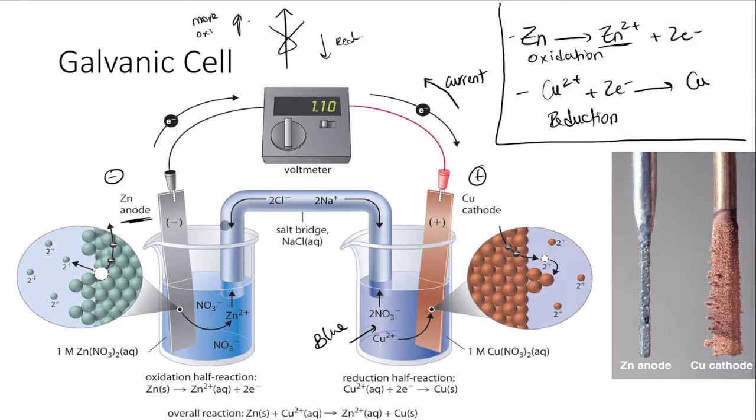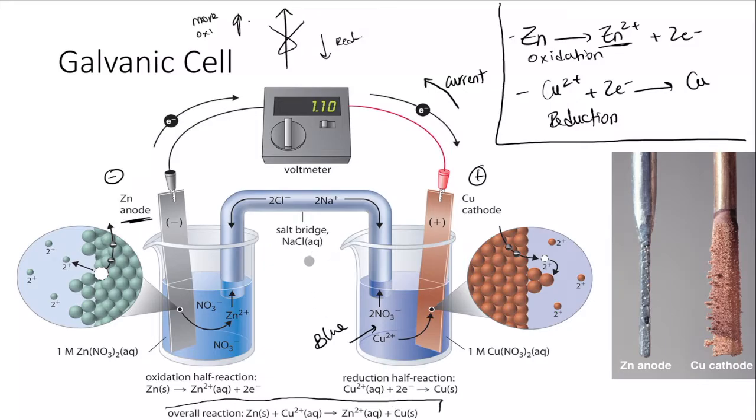It resulted from a chemical reaction that invoked current, and this reaction takes place between the two compartments or the two half cells. Now the overall redox reaction, if we just add the oxidation half reaction with the reduction half reaction, we get this overall redox reaction: Zn plus Cu2+ in aqueous form, giving us Zn2+ aqueous plus Cu as a solid.